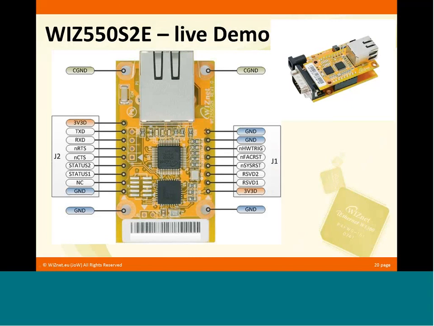Let's have a closer look at our WIZ550S2E, and I'll show you some live working applications. It's this module with the serial interface, hardware handshaking, and status pins on one side, and some more sophisticated information signals on the other side.